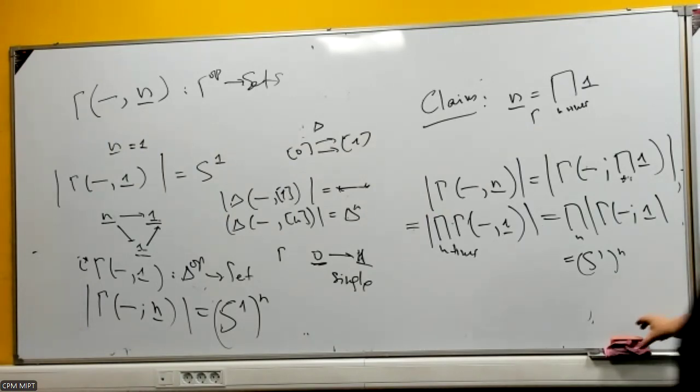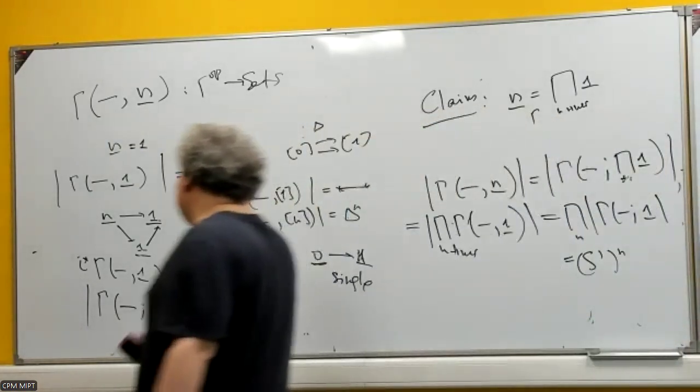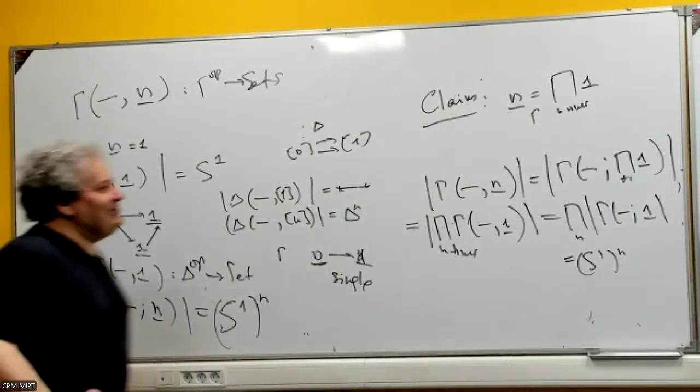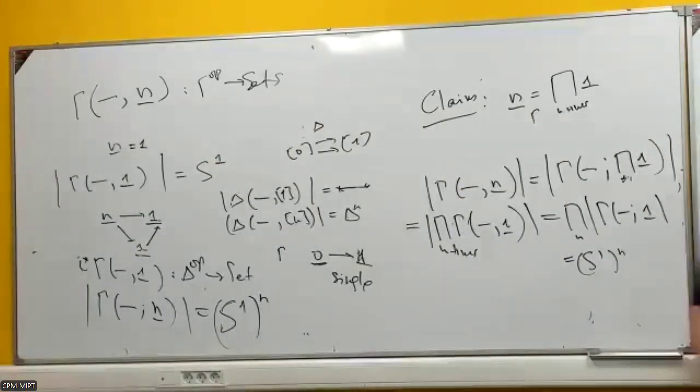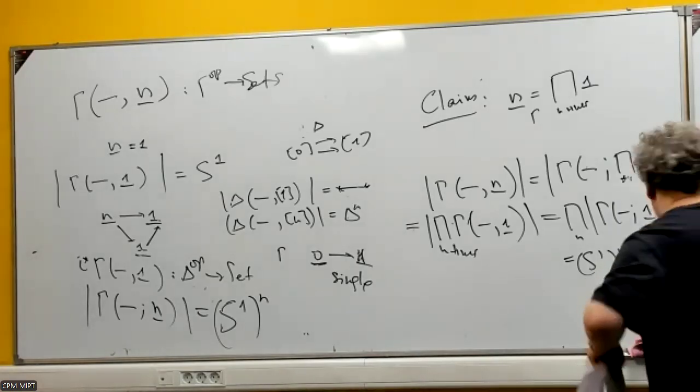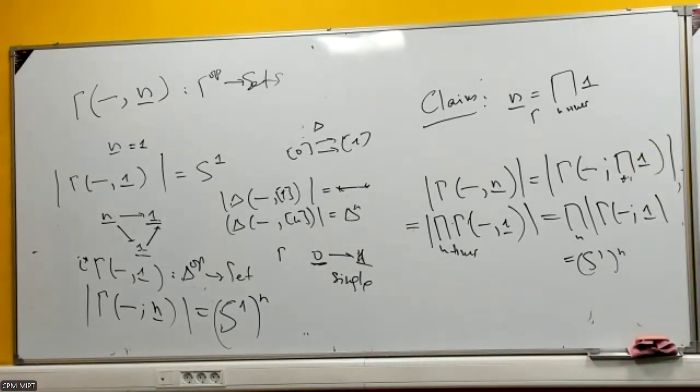But now I would like to go a bit further and consider the following task. Assume that I have the precomposition. I take gamma op to sets.